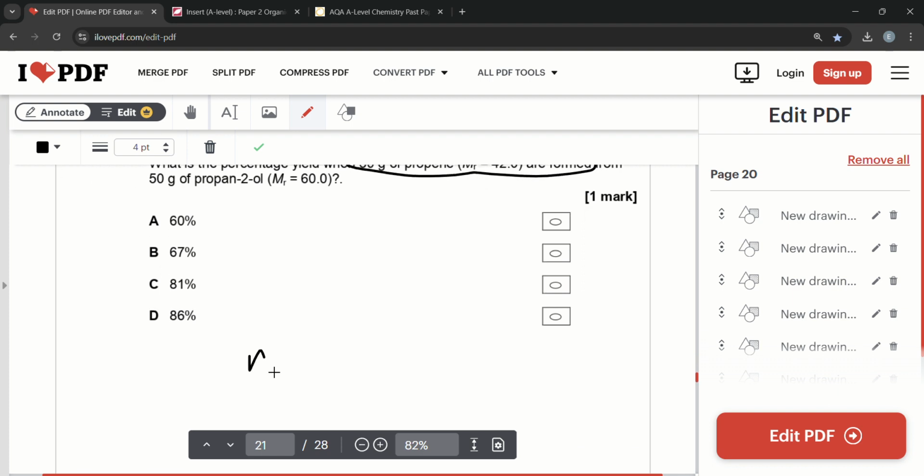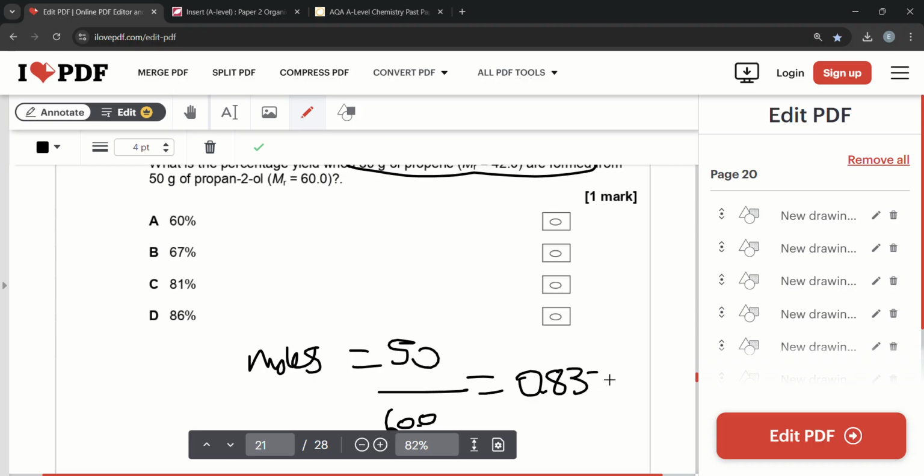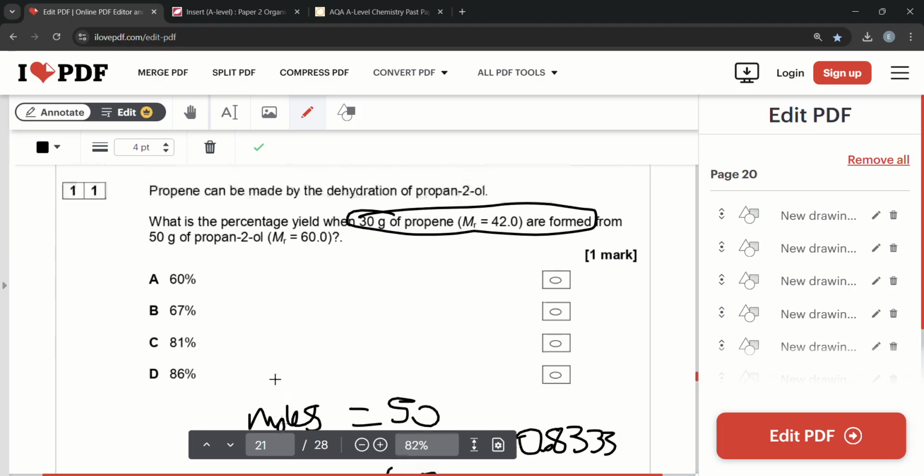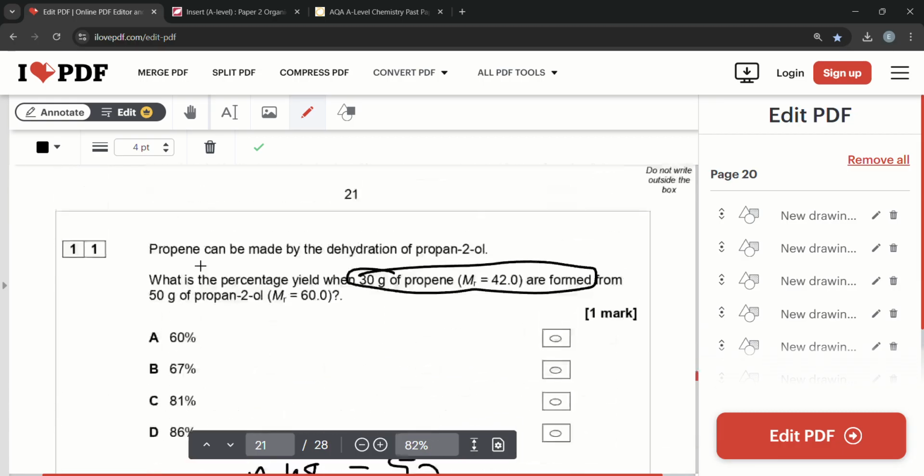So we can find out the moles of propan-2-ol, mass over Mr. That's 0.8333. Moles is mass over Mr, so mass is moles times Mr. So the mass of propene is going to be the moles, 0.833, times Mr. 35 I get.